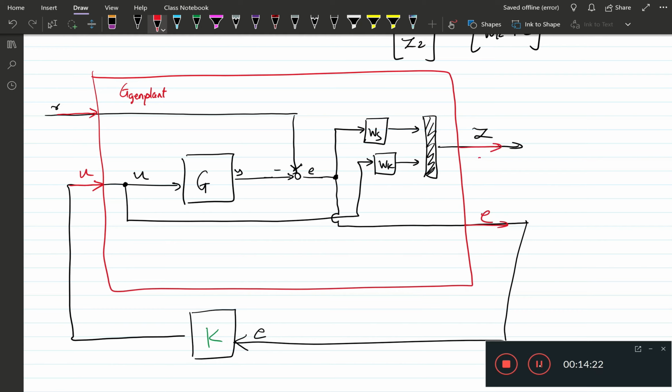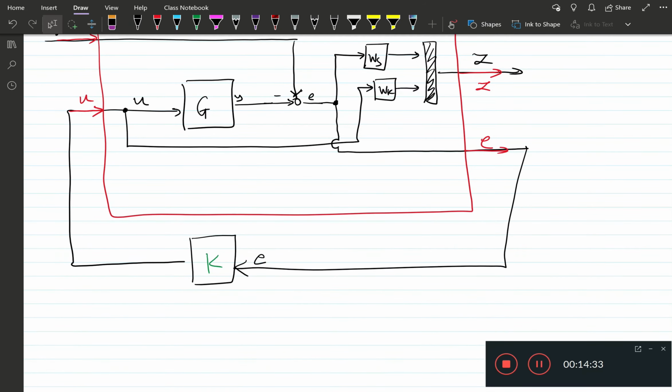That would be the output channel Z. So that's our generalized plant, and we look for a K that minimizes the closed loop norm.